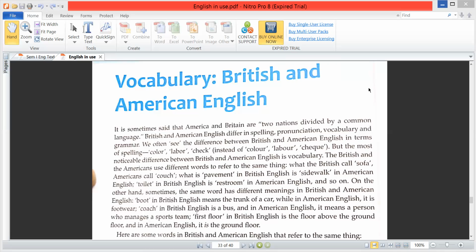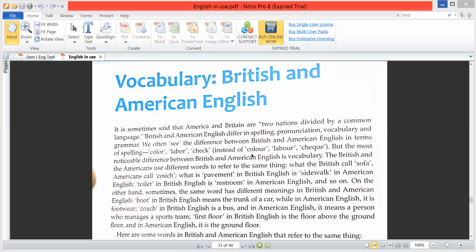So we have some differences which are mentioned here in the fourth line. These are the British spellings for COLOUR, whereas it is COLOR in American English. So U is used here.